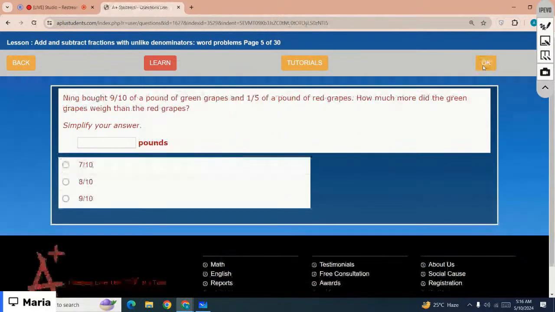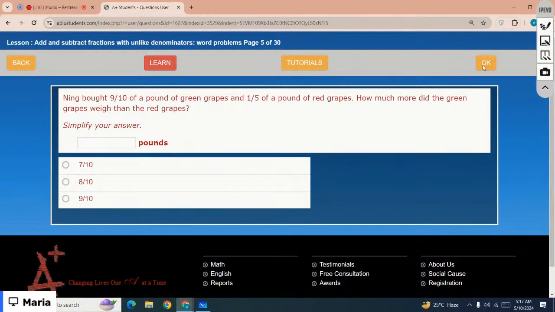Ning bought 9/10 of a pound of green grapes and 1/5 of a pound of red grapes. How many more pounds did the green grapes weigh than the red grapes? So you have to subtract, right?